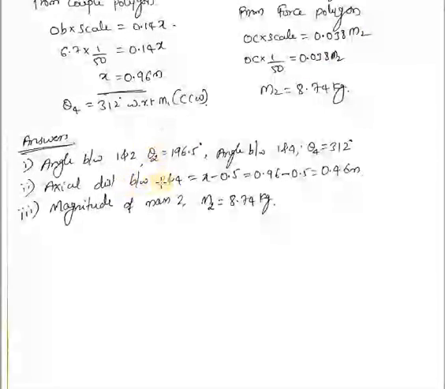The axial distance between 3 and 4 is x minus 0.5, because x is the distance between the reference plane and the 4th plane. The whole distance is x. If you subtract that 0.5, the distance between 2 and 3, you will get 0.46 meter as the distance, and the magnitude of mass m2 is 8.74 kg.